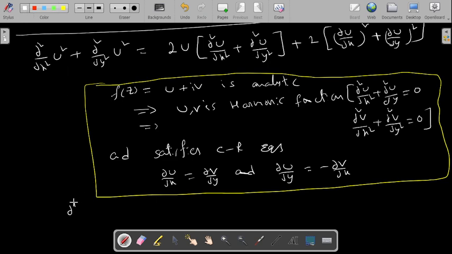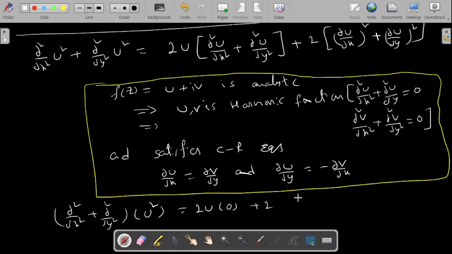u² common means ∂²/∂x² + ∂²/∂y² of u². Okay, next 2u into ∂²u/∂x² + ∂²u/∂y², value how much? 0. Why? Because analytic.